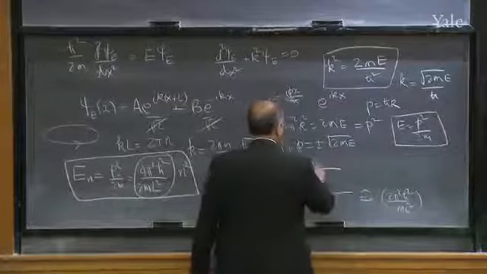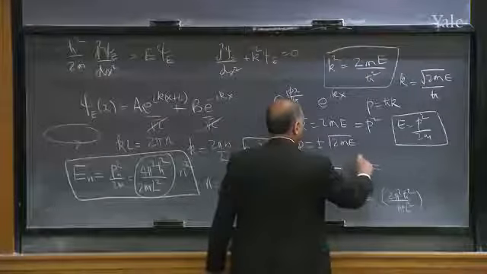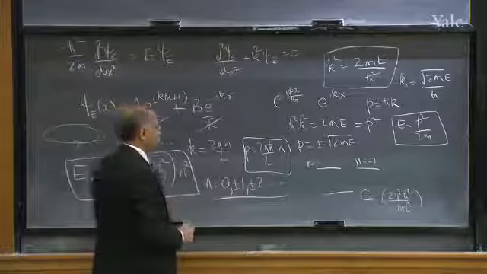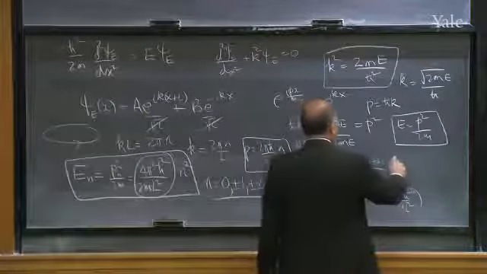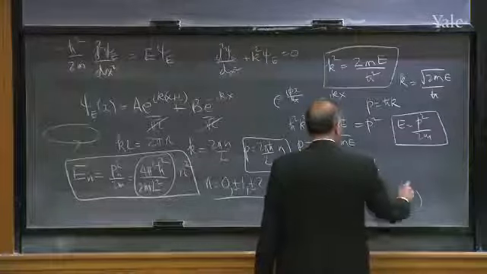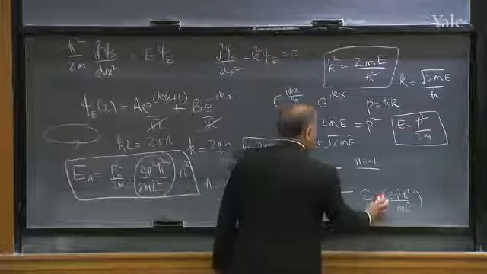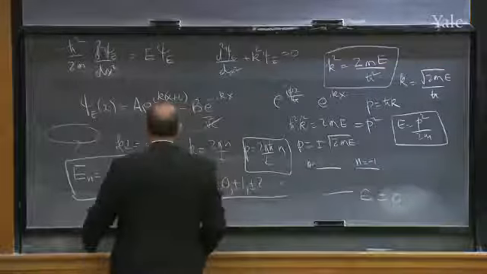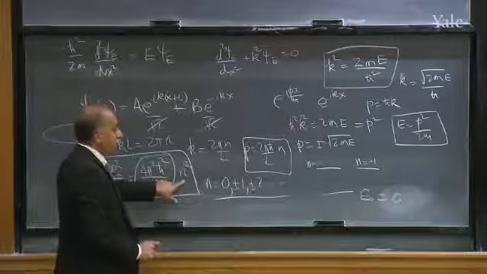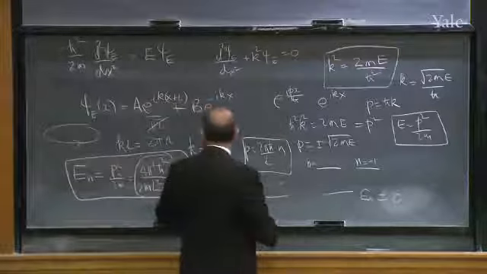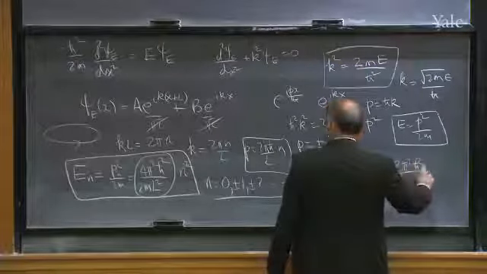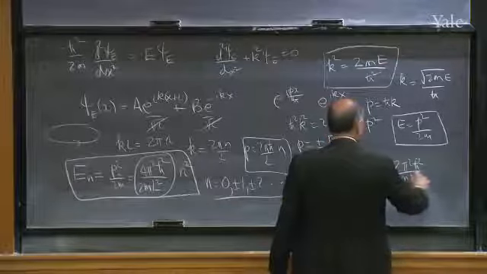Then there will be n equal to 1, and there will be n equal to minus 1. Both will have the same energy because energy depends only on n square. The energy of that will be, I'm sorry, I made a mistake. E0 is simply 0 because that corresponds to n equal to 0. E1 will be what I wrote here with n equal to 1, which will be 2 pi square h bar square over m L square.